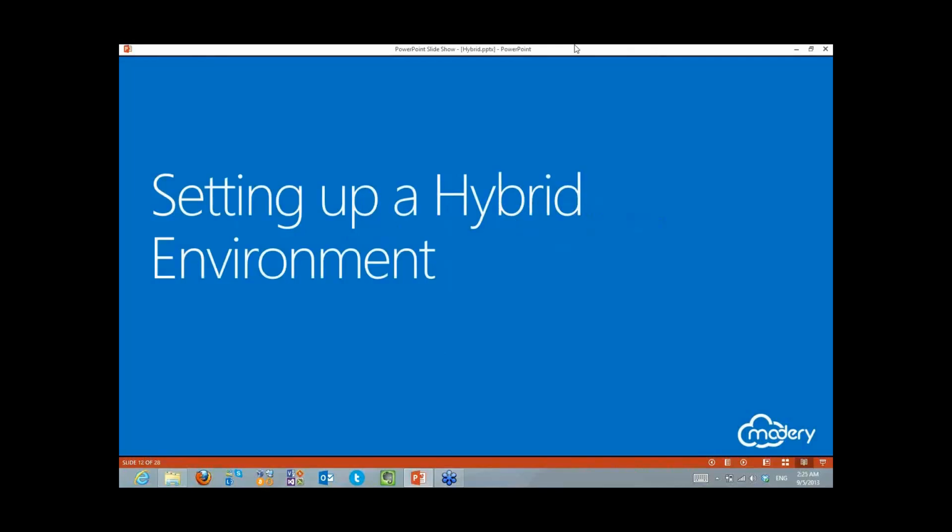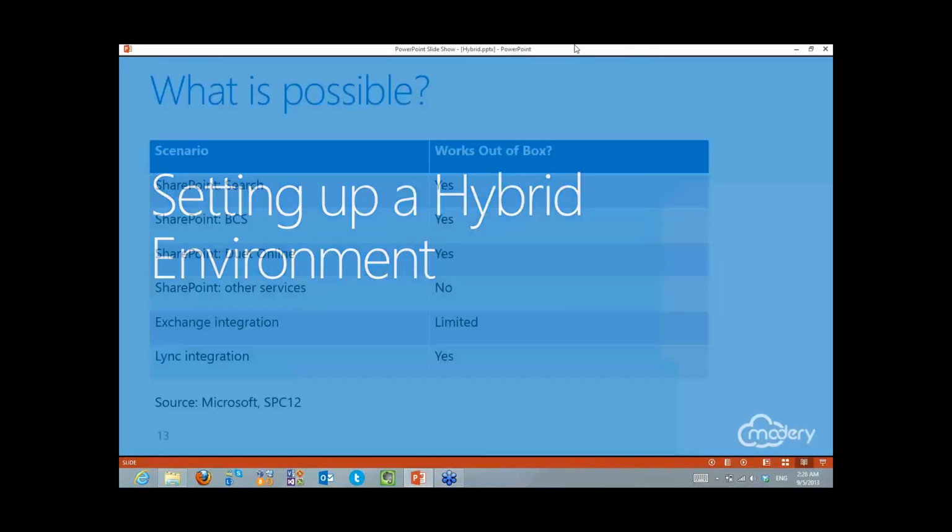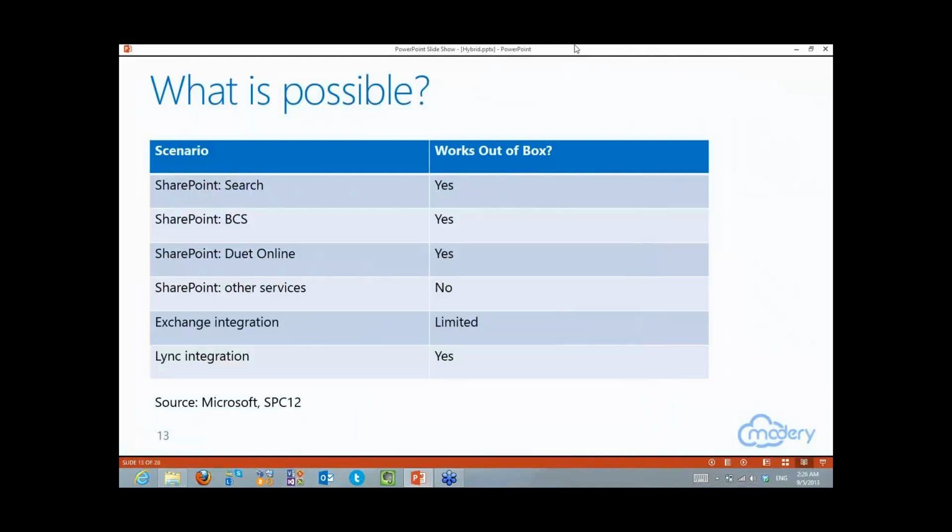While talking about how to actually do that would be a long session, I'm going to keep it at a very high level and will point you to the right resources at the end of this presentation so that you can have a look at it for yourselves if you're interested in really setting it up. Now, before we continue, what is actually possible when you want to connect the two environments?